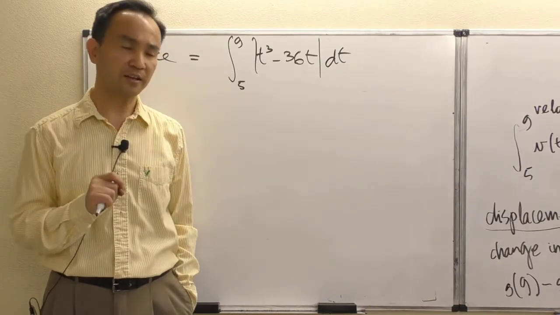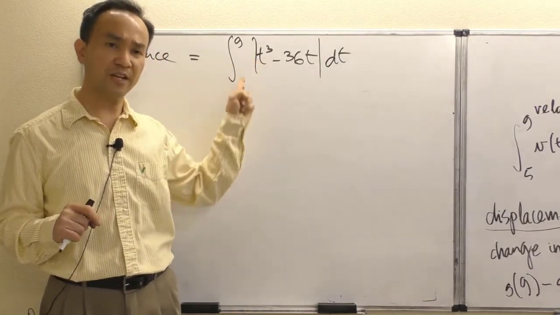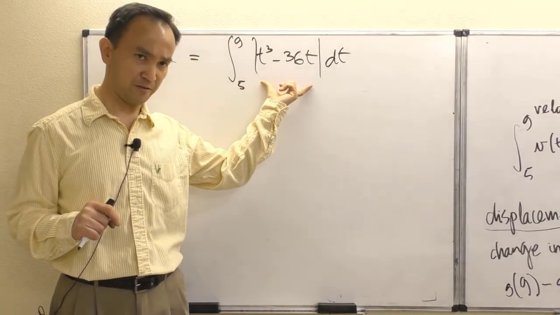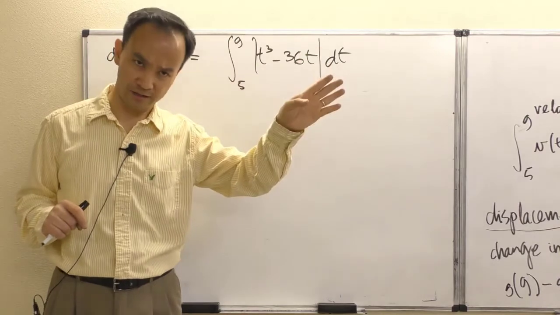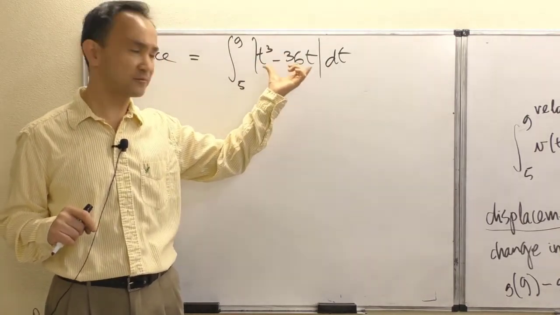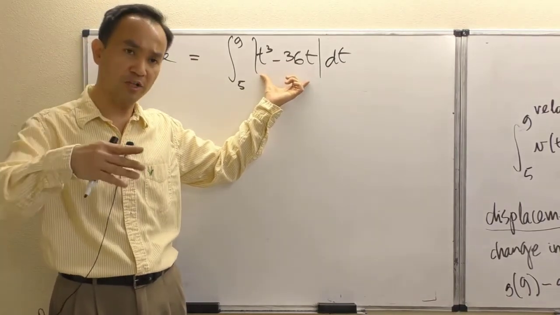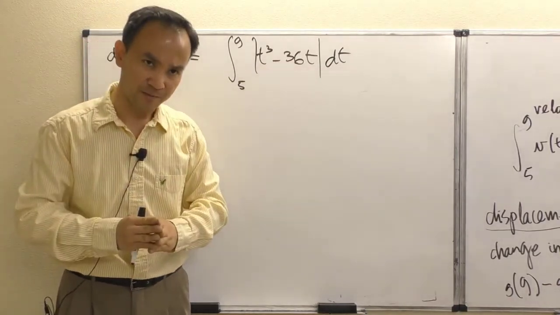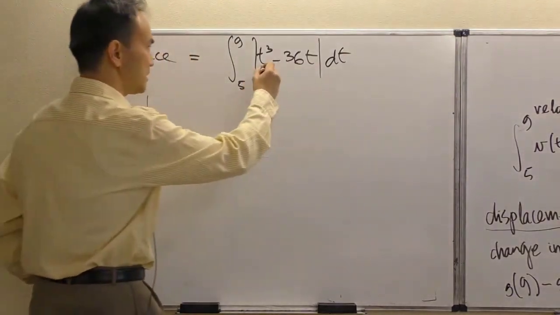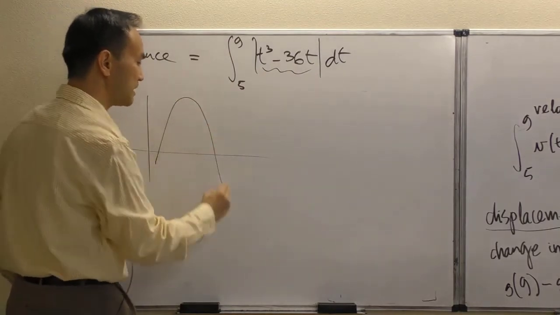Anytime you're working with a definite integral on an absolute value function, the whole point of the absolute value is to force the function outputs to be positive. We always want the function to be positive. So imagine this: t cubed minus 36t could be positive in some part and negative in some part.